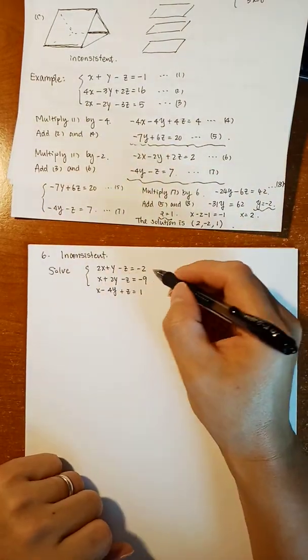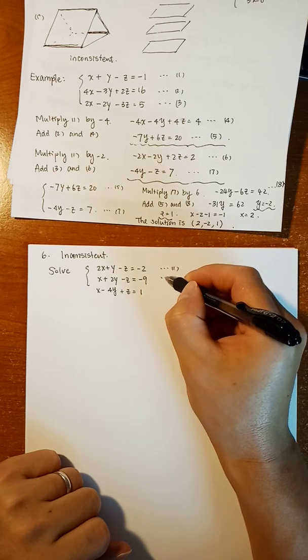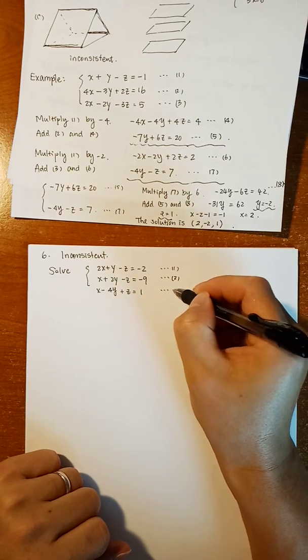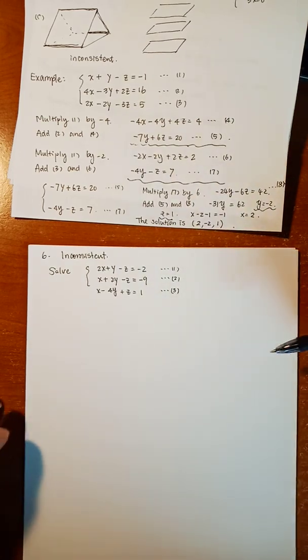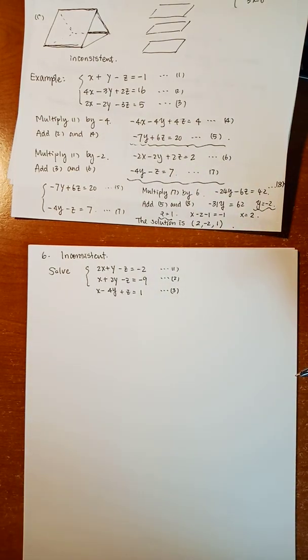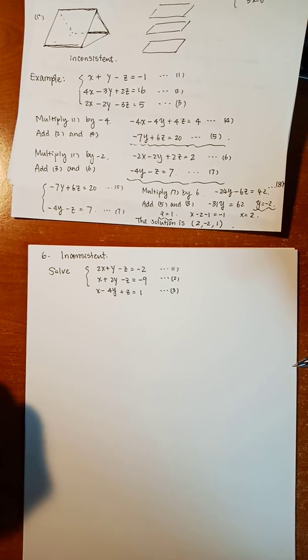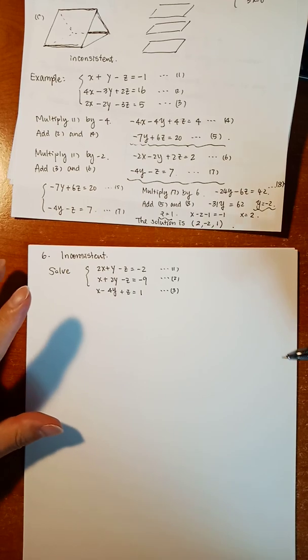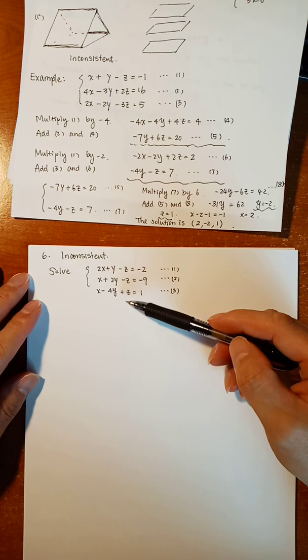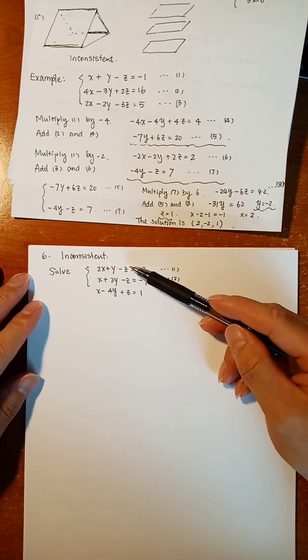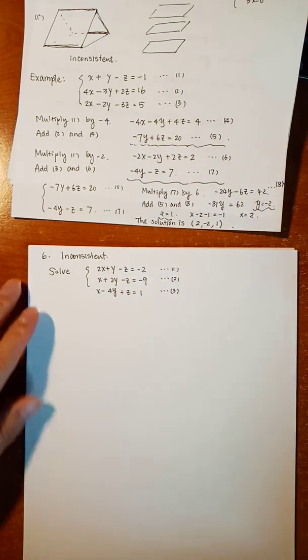Okay, so we try to solve this system of equations. We name them equation 1, 2, and 3. We try to eliminate variables. You see, possibly this z is easy to manipulate, right? It's easy to eliminate z.